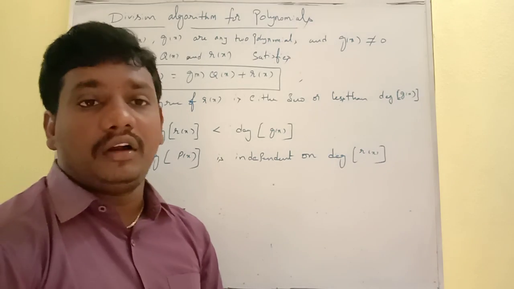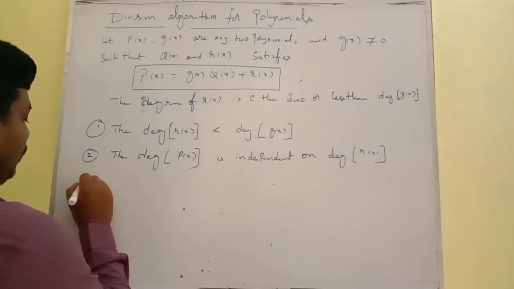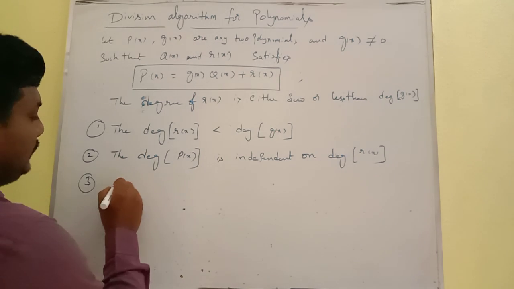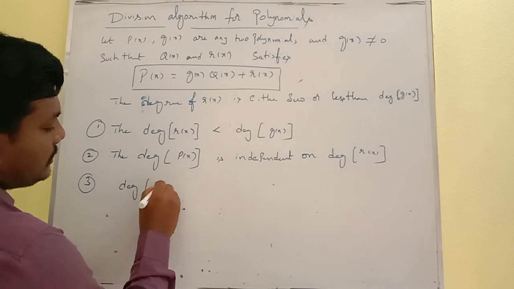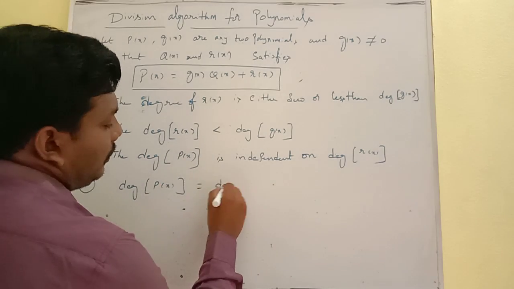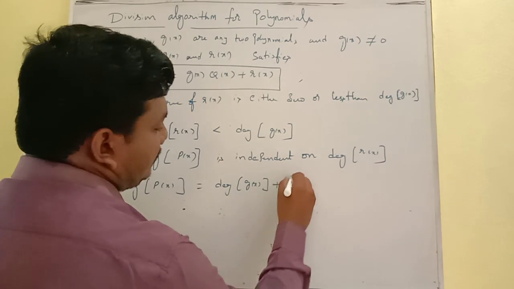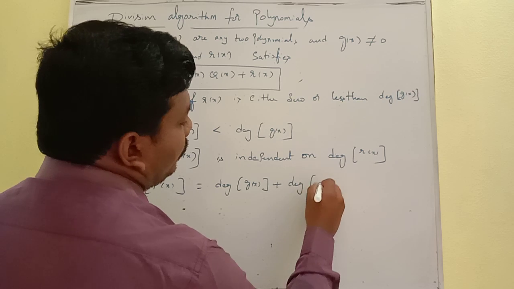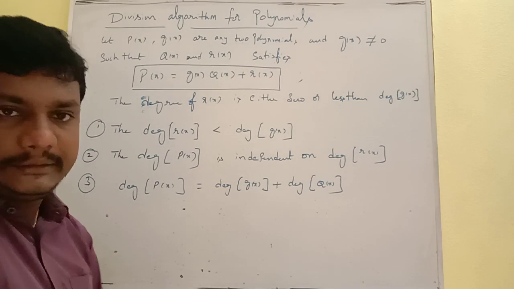This is the second point we have to remember. The third point we have to remember is the degree of p of x is equal to the degree of g of x plus the degree of q of x.